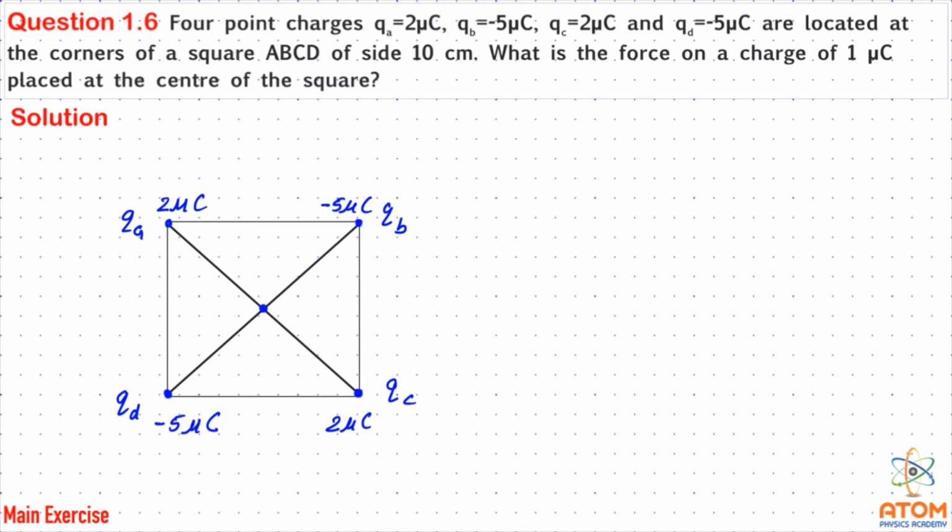So these are the charges on the square, and one charge is there that is of 1 microcoulomb here. Let me take this as point O, and at point O we have a charge of 1 microcoulomb.